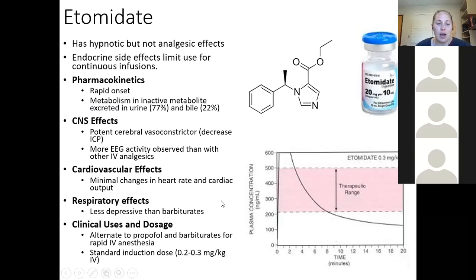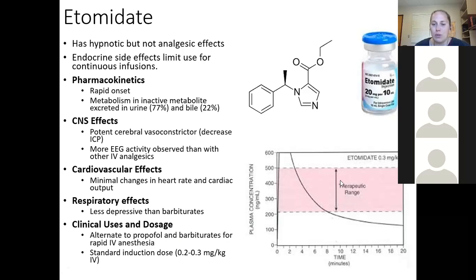Minimal changes to cardiac output, less respiratory depression than barbiturates, but it can be used as an alternative to propofol and barbiturates for a rapid IV anesthetic. Because we are talking about pharmacology here, I always like to include these dosages that are noted in the textbook.